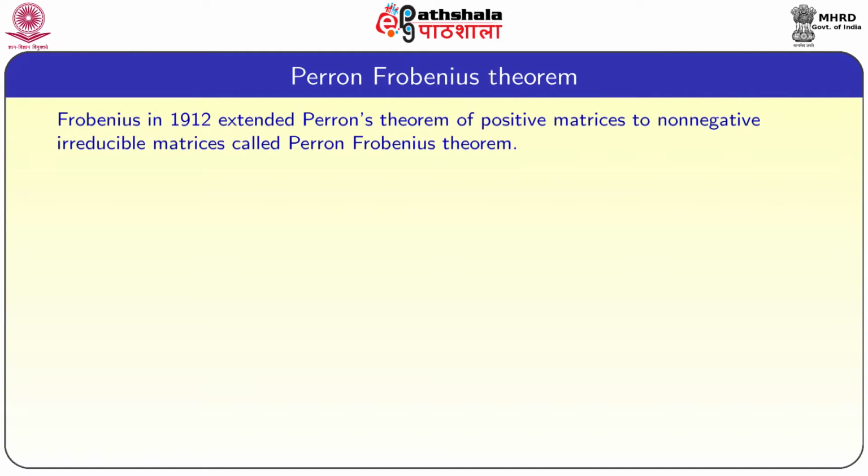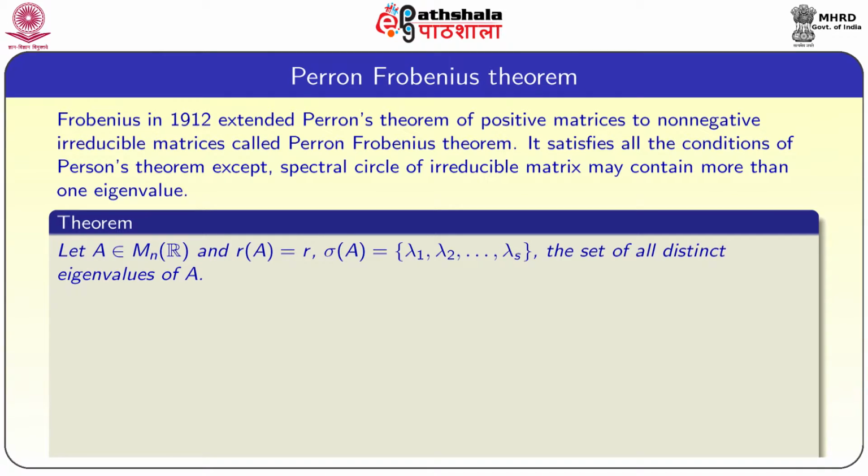Frobenius in 1917 extended Perron's theorem for positive matrices to non-negative irreducible matrices, called the Perron-Frobenius theorem. It satisfies all the conditions of Perron's theorem except that the spectral circle of an irreducible matrix may contain more than one eigenvalue. So we will state the theorem. This theorem is also called the Perron-Frobenius theorem, as Frobenius extended Perron's theorem to irreducible matrices.